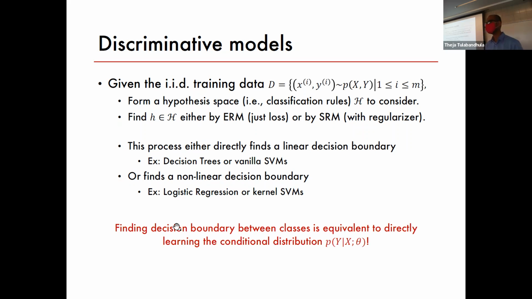Not always, but many times, when some of these approaches try to find a decision boundary, finding a function, or whatever the representation of the decision boundary is, is equivalent to finding the conditional probability of y given x. Not always, but sometimes.